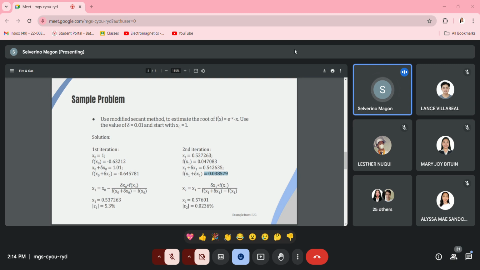Okay, so once we already have all these values, then we just plug in all these figures into the same equation. And so we now have the new value of x after the second iteration. Similarly, we can calculate the error figures here, right?